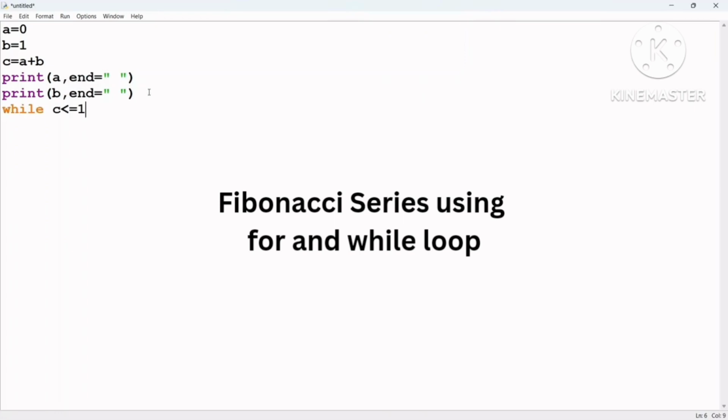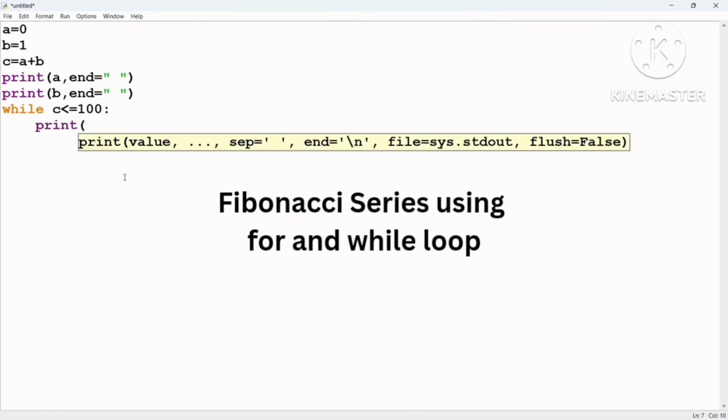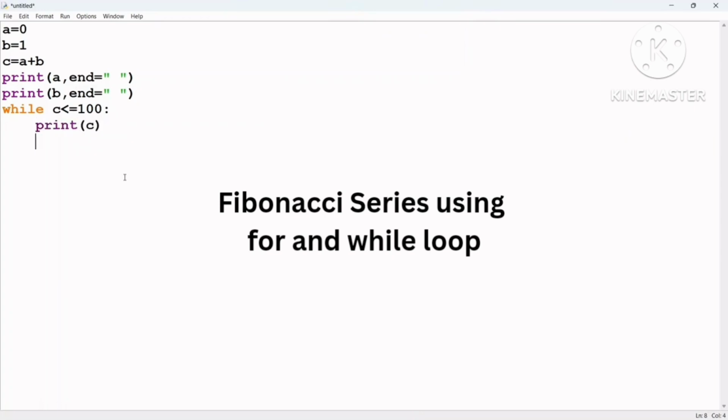While C is less than or equal to 100, print C, assign the value of B to A and C to B. Execute it, and you will get the same output.